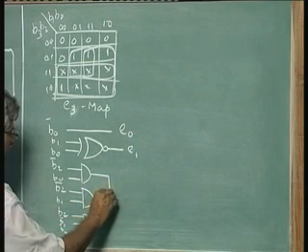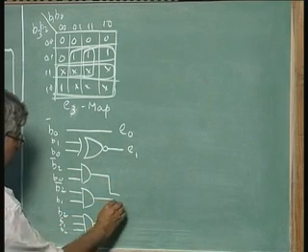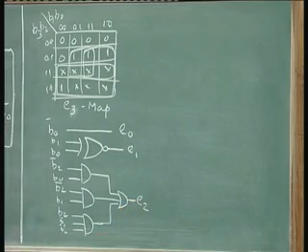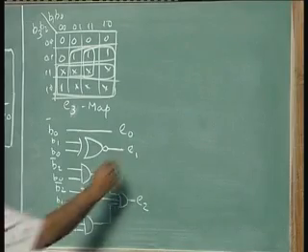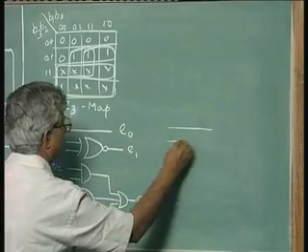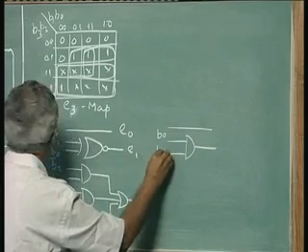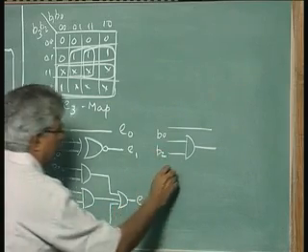All of them together will be put into an OR gate. This is my E2. E3 is finally B3, B2 B0, B2 B1.